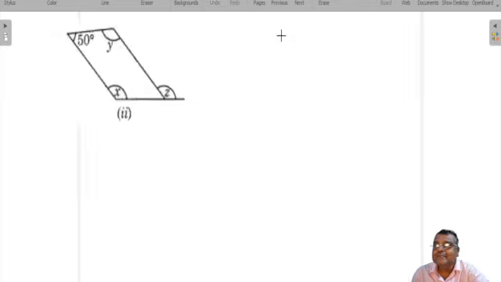Let us see the next one. You see, x plus 50 is equal to 180 degrees, because the sum of adjacent angles is 180 degrees, supplementary. It means x is equal to 180 minus 50, which is 130 degrees.